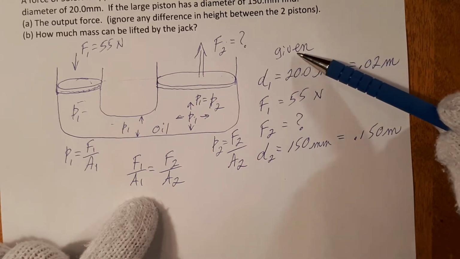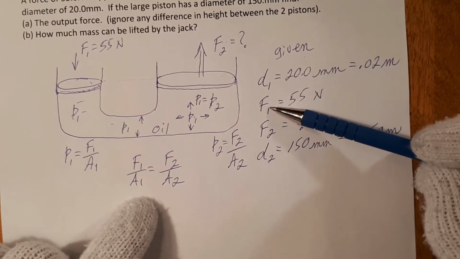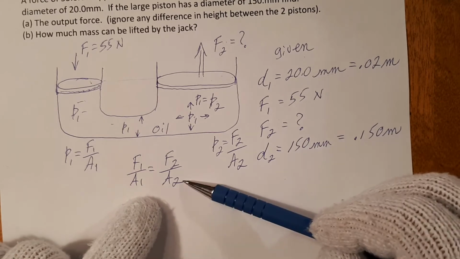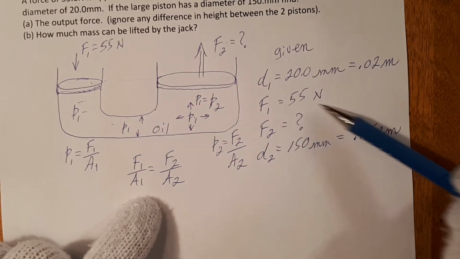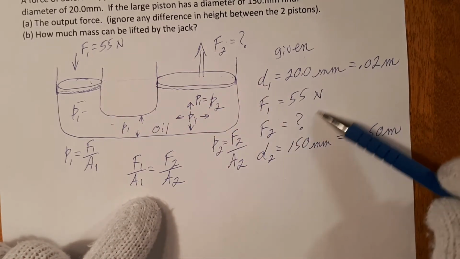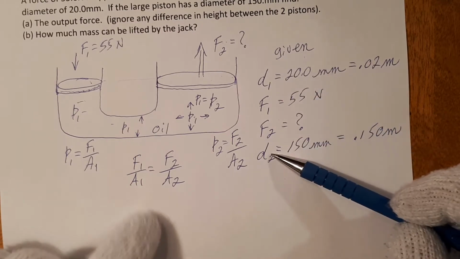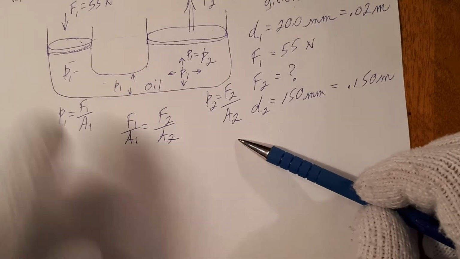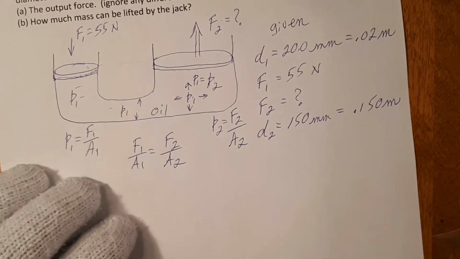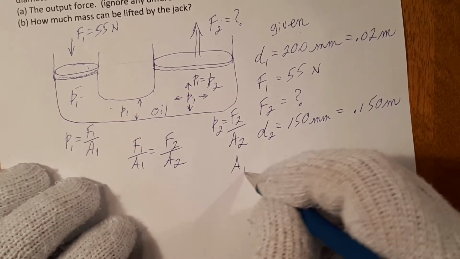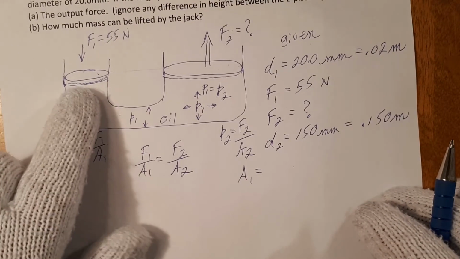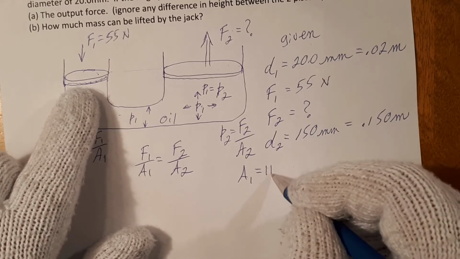Looking at what we have given, we have diameters, and we have the two forces, but what we need is areas, these areas. Well, we have diameters, so finding the area of 1, we know the equation of a circle for the area is pi r squared.